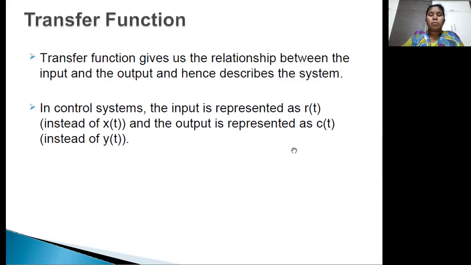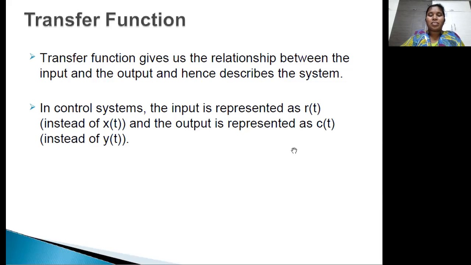The input signal is represented with the reference input, that is R of t. This can also be called the excitation given to a system. It may also be represented with X of t or A of t, whichever you want, but in general we represent the reference input with R of t and the controlled output with C of t.